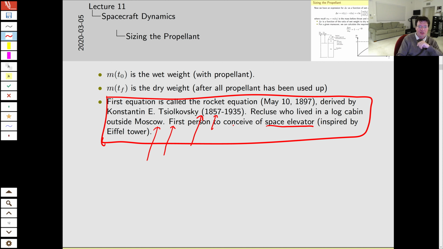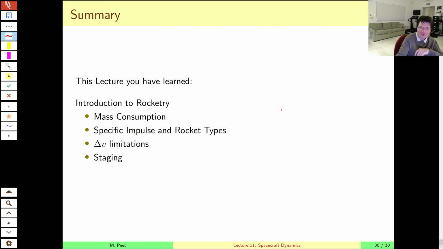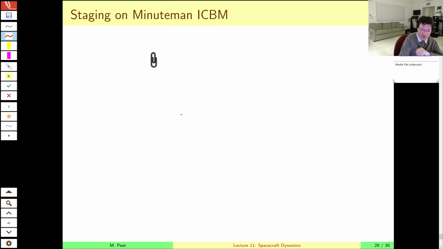So the idea of a space elevator dates all the way back to the time of the invention of the rocket equation. So it's also a venerable old concept. Of course, the rocket equation has found many more uses than the space elevator.